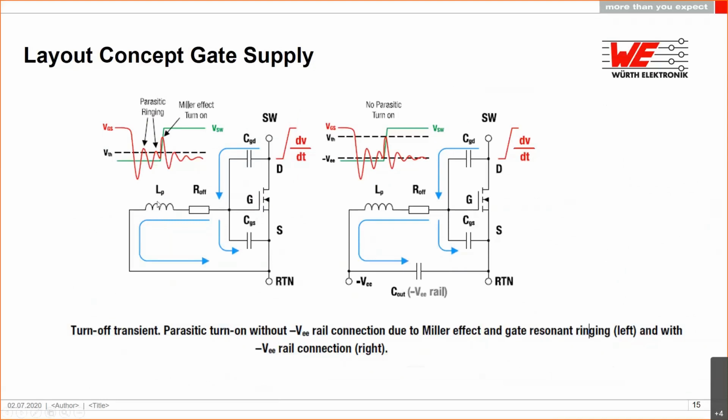Low gate inductance means this voltage ringing is lower in amplitude. And if you have a switch-off voltage that is not 0 but -2, you can get a little bit even lower here. If you have some ringing, it's then not so dangerous that you directly turn on the GaN FET. So you have a little bit more headroom in the system. This is something you simply need to take care of.